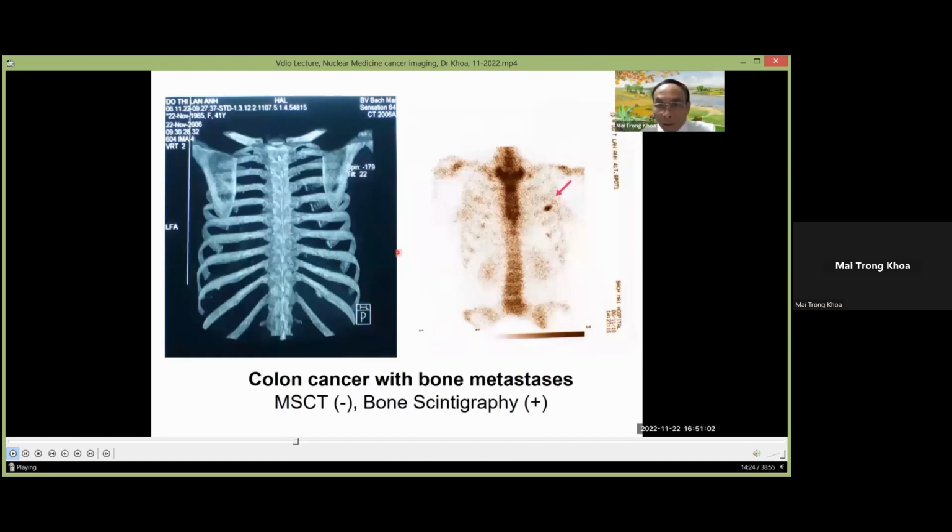And this is a case of colorectal cancer with bone metastasis, but the CT was negative while the bone scintigraphy was positive. We cannot see anything in the CT image, but on scintigraphy with SPECT you can see here, positive.